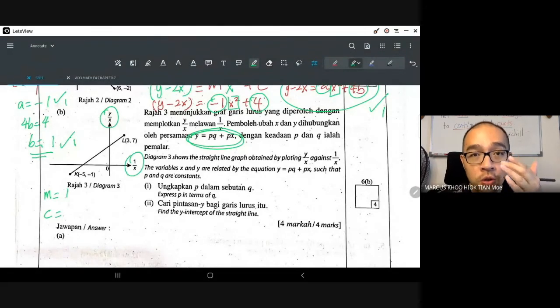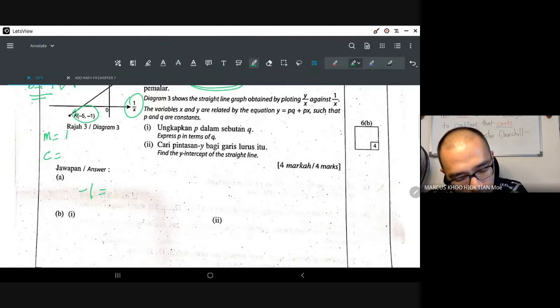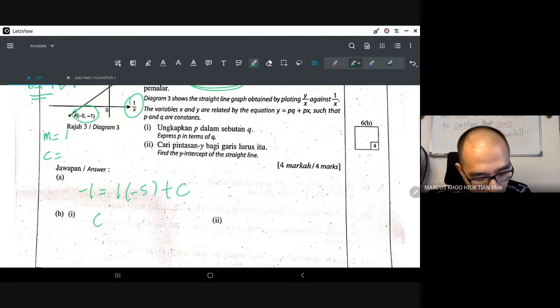Okay, so you go back to the original y equals to mx plus c. You just take one of the coordinates: -1 equals to 1 times -5 plus c. You can find the c from here. The c will be 1 plus 5, 4. So c will be equals to 4.